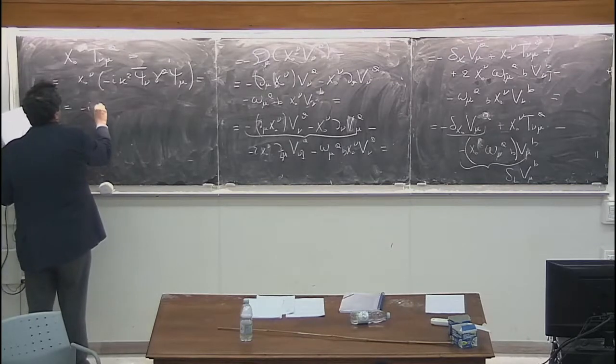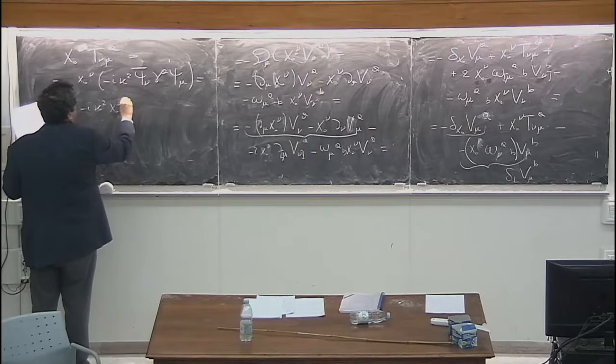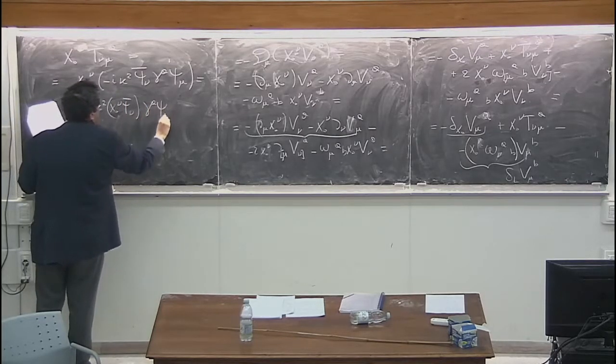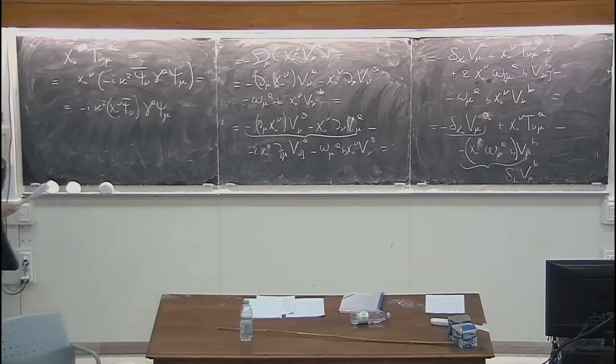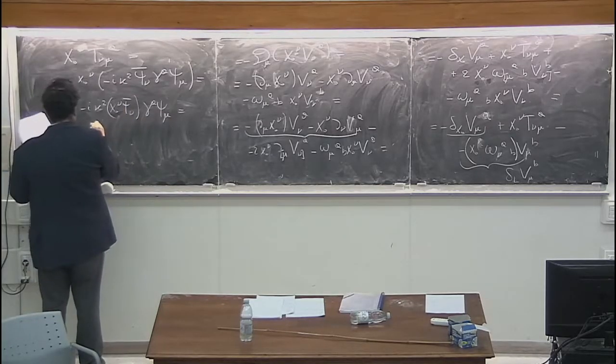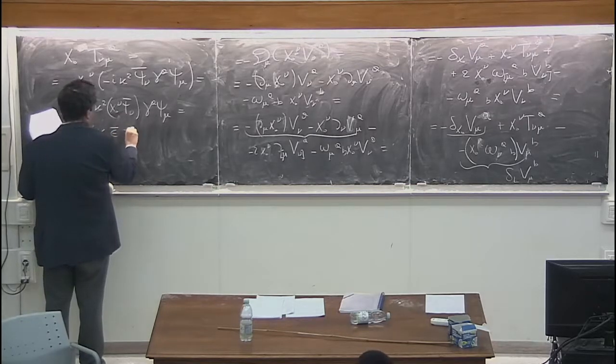This is minus i kappa squared x naught nu psi bar nu gamma a psi mu. But this is minus i kappa epsilon bar gamma a psi mu.